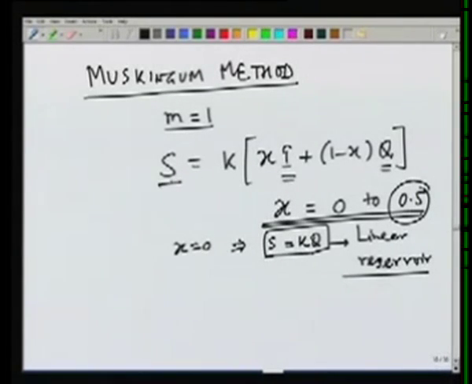So we can write this equation for the mass balance or the continuity using the Muskingum method.